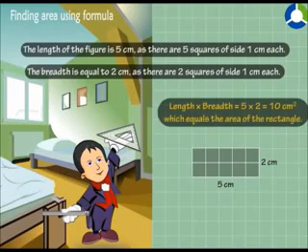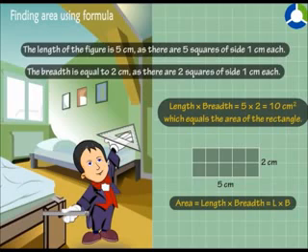Length multiplied by breadth equals 5 multiplied by 2, equal to 10 square centimeters, which equals the area of the rectangle. Therefore, area equals length multiplied by breadth, equal to L multiplied by B.